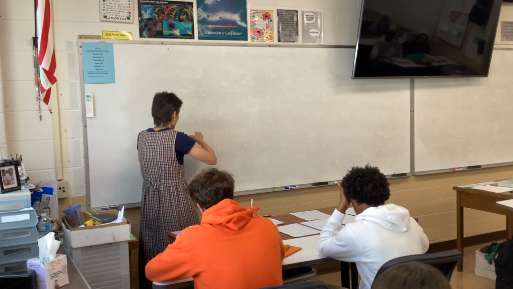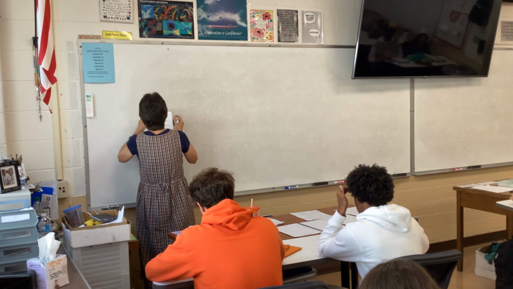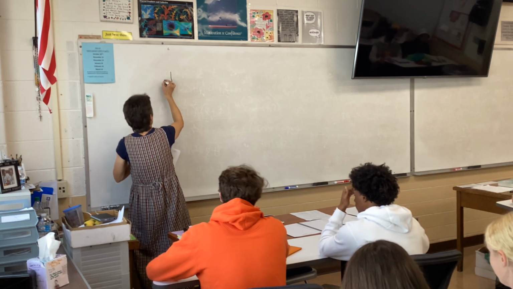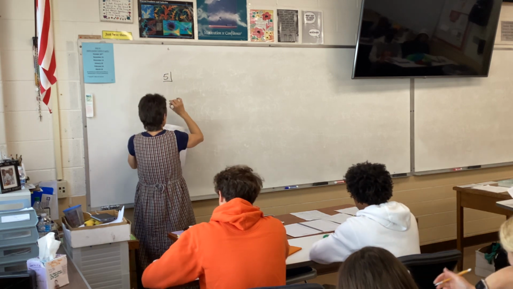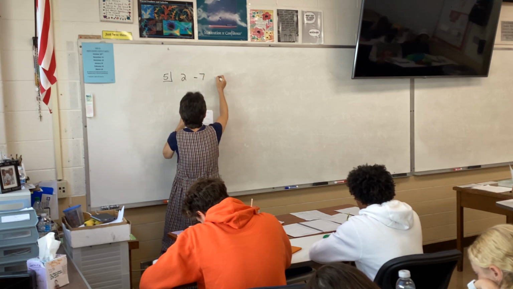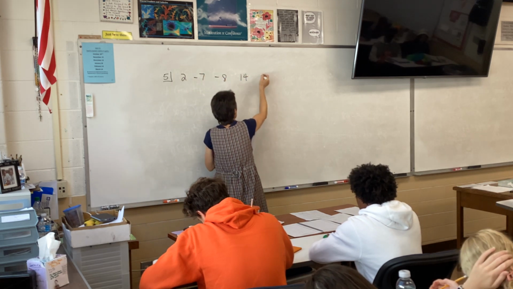So the question A3A says, is 5 an upper bound? Well, let's divide and see what happens. So 2, -7, -8, 14 and 8.